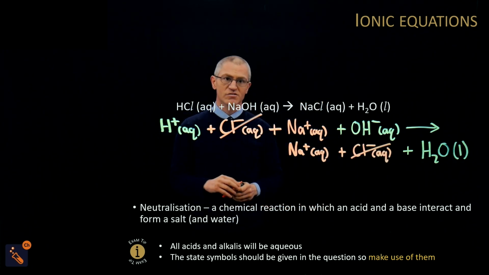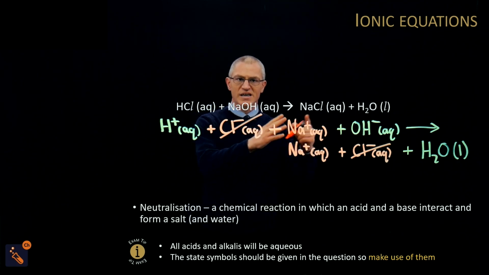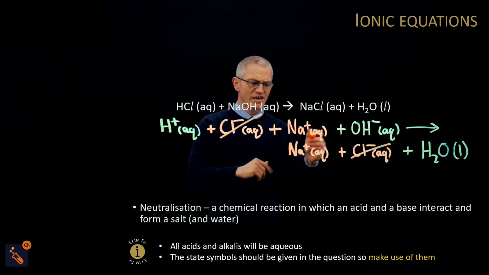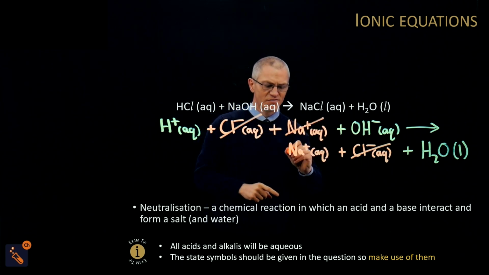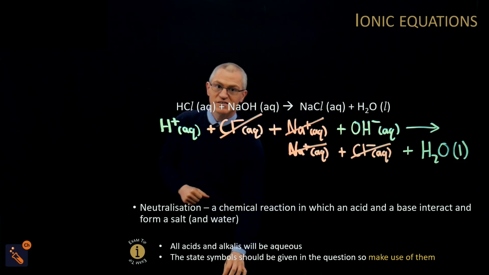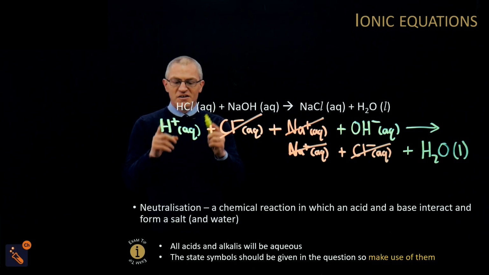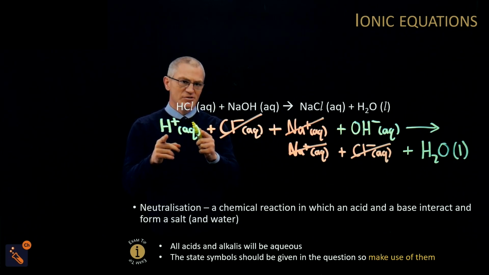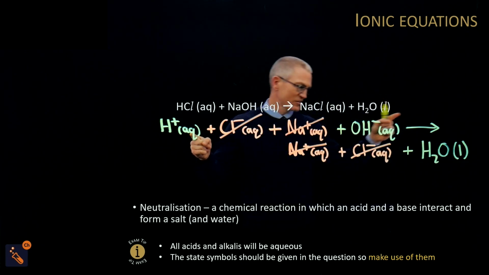We then go to the next one. Let's go to the right this time. Looking at Na+ aqueous and Na+ aqueous, you can see they're both exactly the same, so I'm going to get rid of that. You probably notice there's a colour coding going on here. The H+ is aqueous here, and the H+ has turned into H2O, so it has changed state.